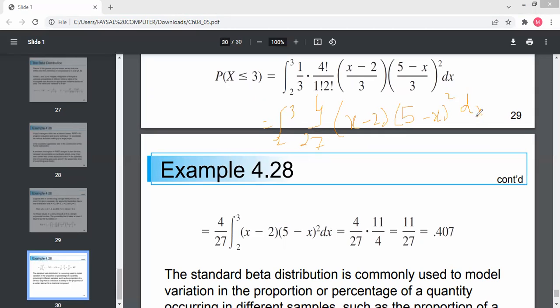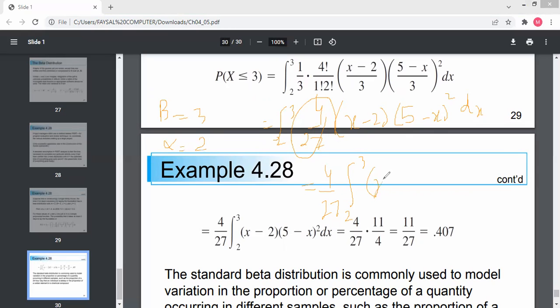Taking this before the integral, it will be 4 upon 27. Then the integral from alpha to beta. Remember that the beta value is 3: beta is your upper limit and alpha is your lower limit. Alpha value is 2.